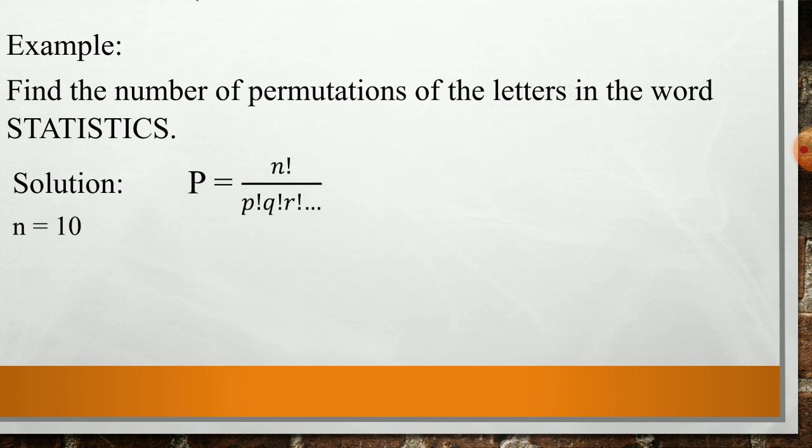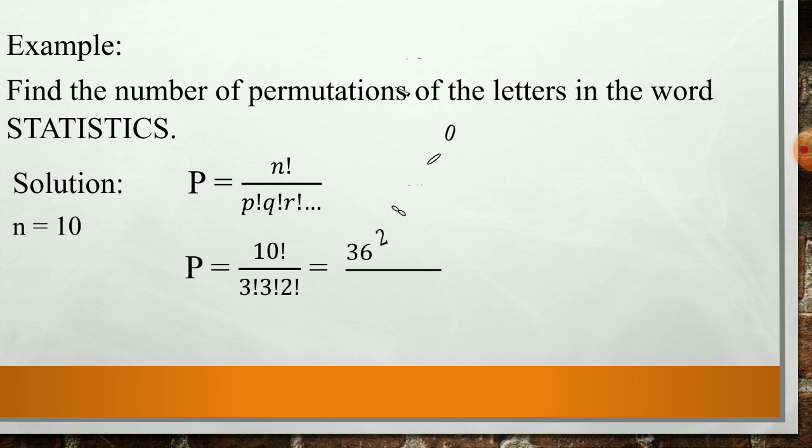So, we have 10 factorial divided by 3 factorial times 3 factorial times 2 factorial. So, we divide by these in order to eliminate the duplicates.